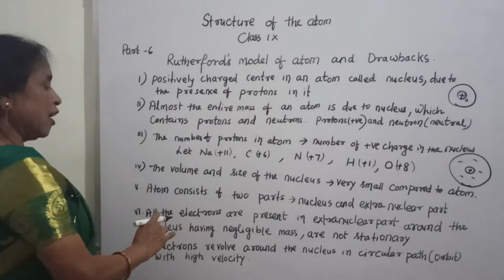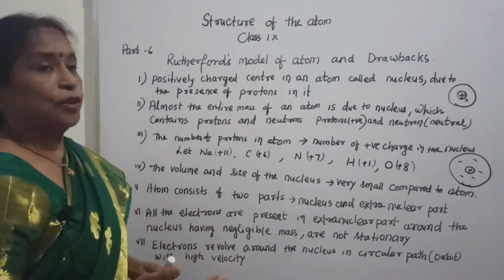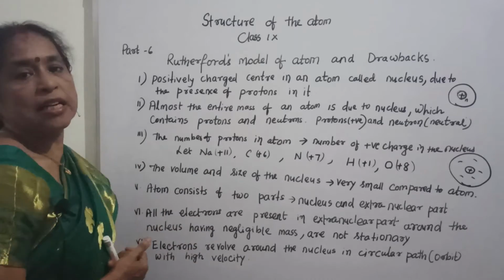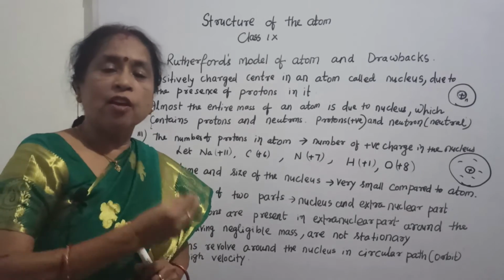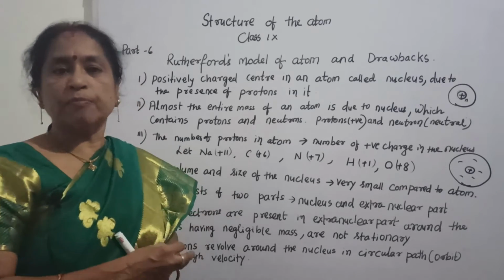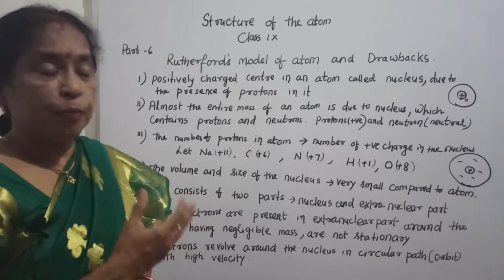So all the electrons are present in the extra nuclear part around the nucleus and have negligible mass. You know, the mass of the electron is very negligible, about 1 by 2000 part of the proton.